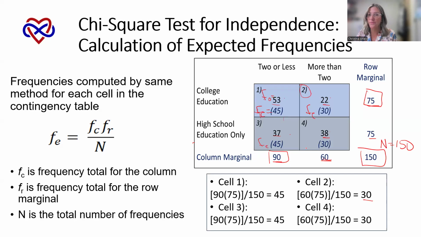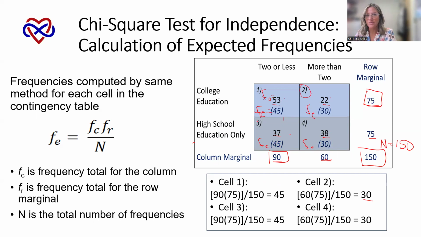For the cell with 37 in it, it's 90 times 75 again. And for the fourth one, it's 60 times 75 divided by 150. Don't forget to divide by 150 to get your expected frequencies. You have to do that for each cell, so you're going to get an expected frequency for each cell.